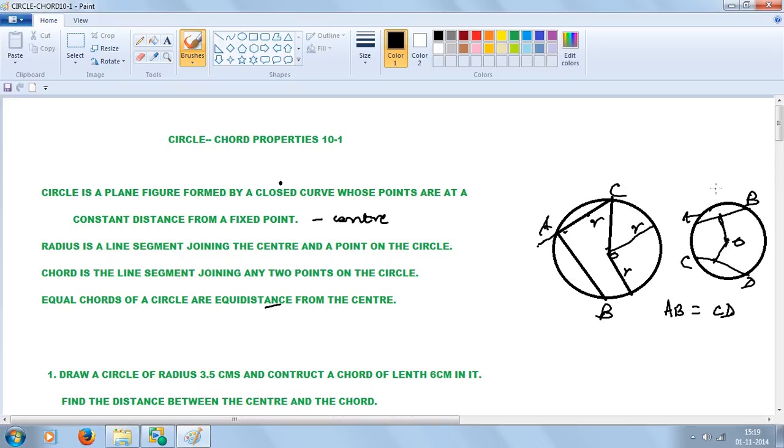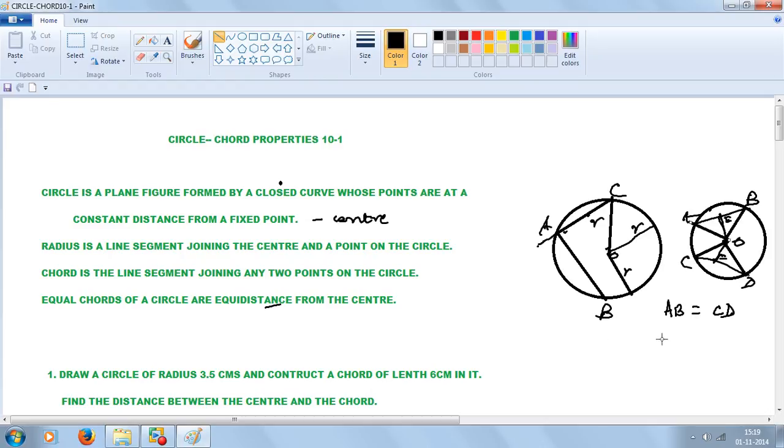Let us take this point as E and this point as F. We'll join OC and OD. Similarly, we'll join BO and OA.